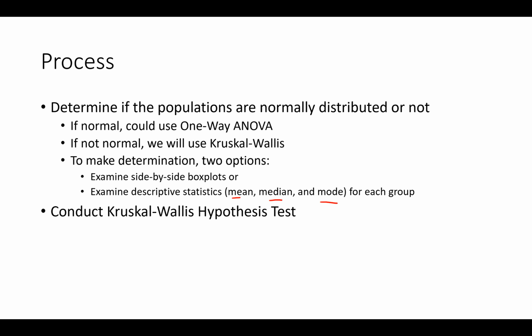And then as far as conducting a Kruskal-Wallis, if it's not normal, we're going to run Kruskal-Wallis, but we still have to state the hypotheses, identify the players, calculate the test statistic and its p-value, make a decision, and write a conclusion. And we do not run 2Ks with Kruskal-Wallis. We don't mix the two.